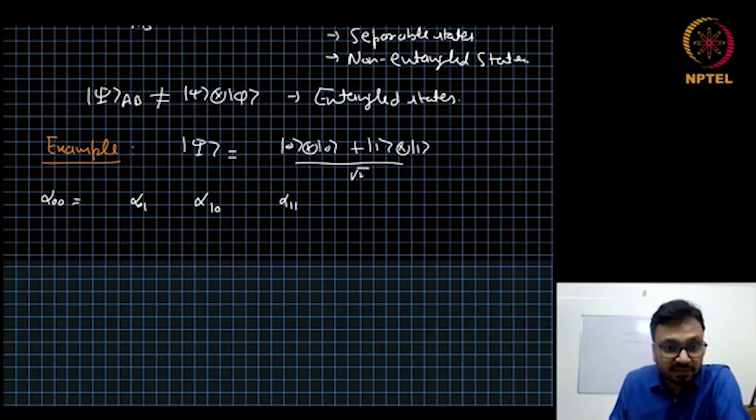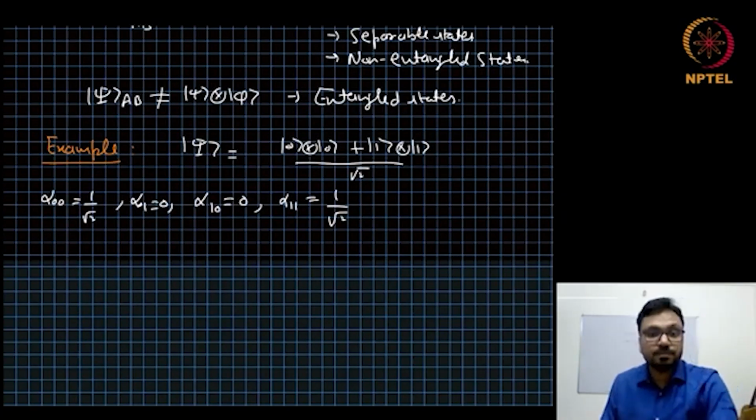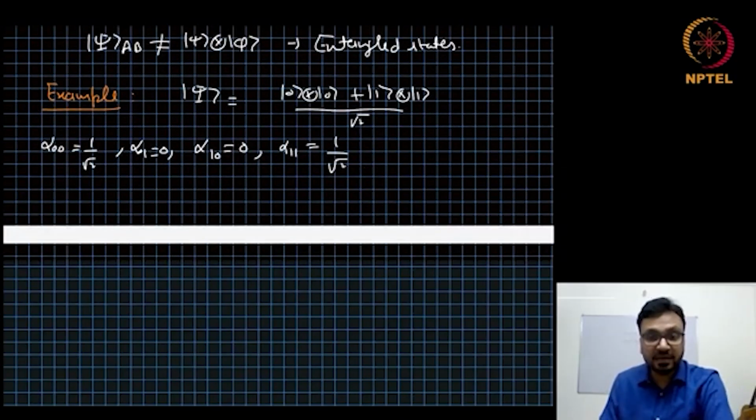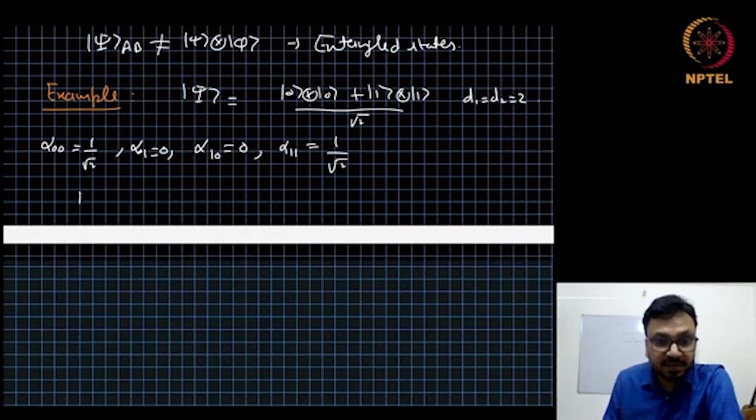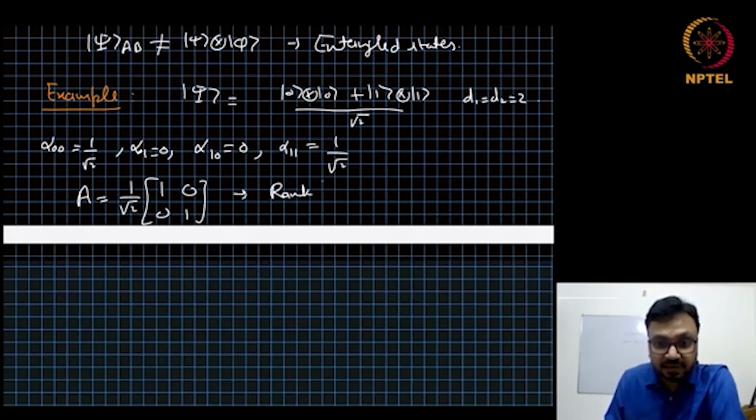Alpha 0 0 is 1 over root 2, alpha 0 1 is 0, alpha 1 0 is 0, and alpha 1 1 is 1 over root 2. So we have a 2 qubit system, D1 and D2 are 2, and so we have these 4 coefficients. So the matrix A becomes 1 over root 2 times 1, 0, 0, 1. Okay, so this is the matrix A, and the rank of this matrix is 2.